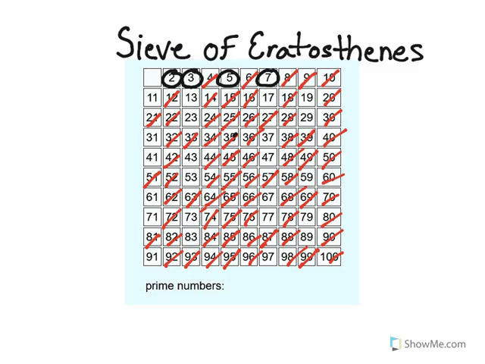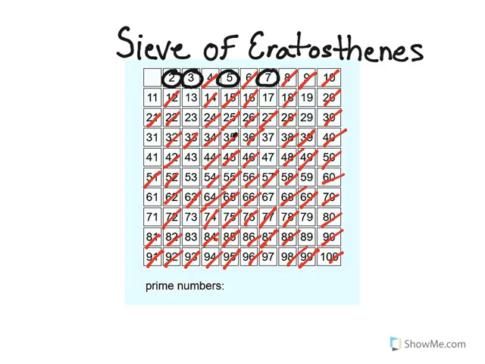Okay, so multiples of 7: 7, 14, 21, 28, 35, 42, that's already been crossed out, 49 has been crossed out, 56 has been crossed out, 63 has been crossed out, 70 has been crossed out, 77 hasn't, so we got to cross that out. 84, yes, that's crossed out. 91, okay, 91 isn't crossed out. And then 98, that's already crossed out.